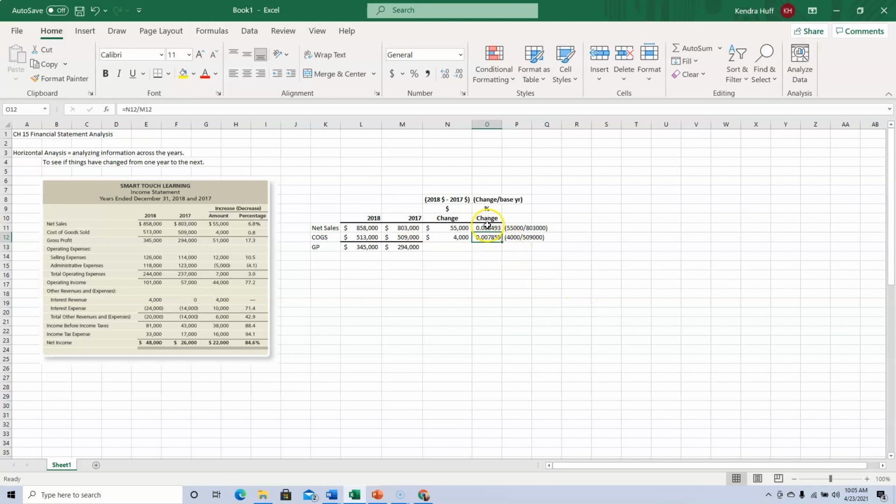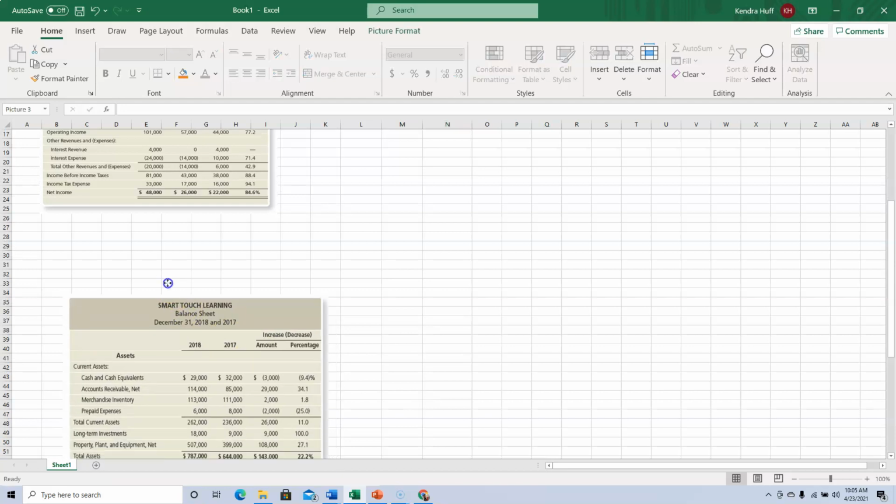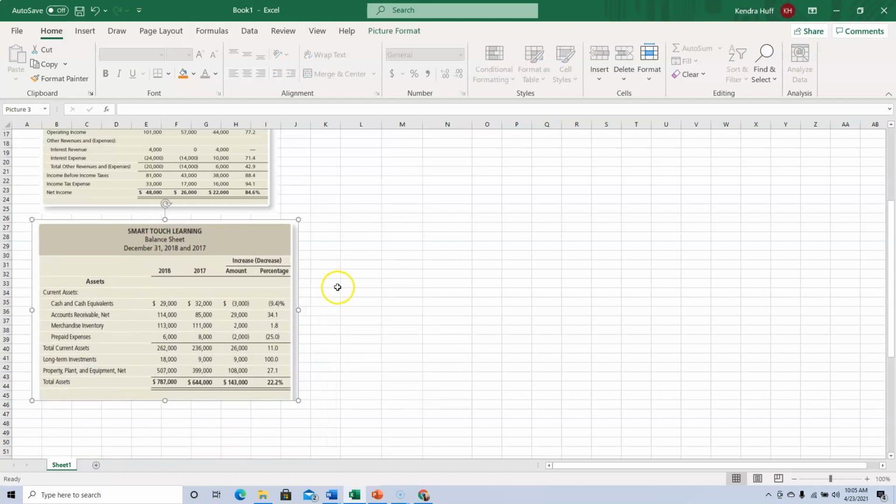And then these are percent places. That's how you find the dollar change and the percent change. It's horizontal analysis. If you're doing a balance sheet, you would do it the same way.